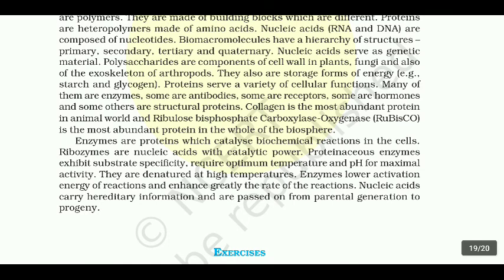Ribozymes are nucleic acids with catalytic power. Proteinaceous enzymes exhibit substrate specificity and require optimum temperature and pH for maximum activity. They are denatured at high temperatures. Enzymes lower the activation energy of reactions and greatly enhance the rate of the reactions. Nucleic acids carry hereditary information and are passed on from parental generation to progeny.